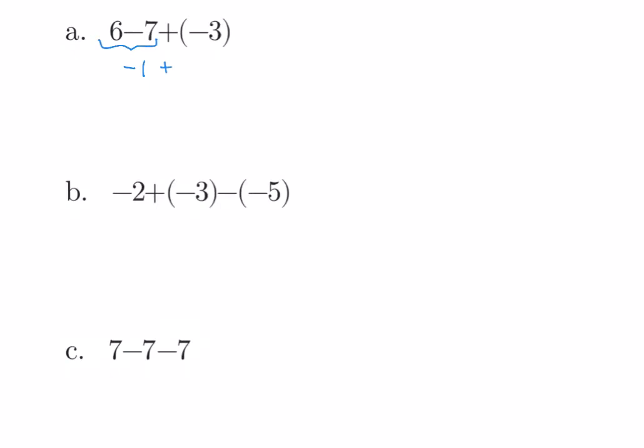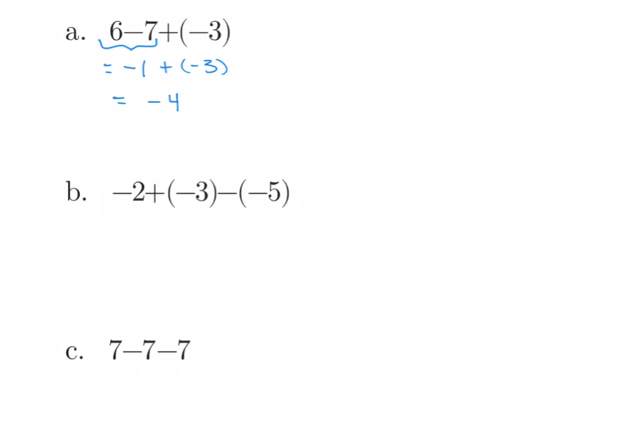We get negative 1 plus negative 3. Now we can go ahead and combine negative 1 and negative 3. They have same signs. So we can go ahead and combine them into negative 4. Remember, same signs, add and keep the sign.